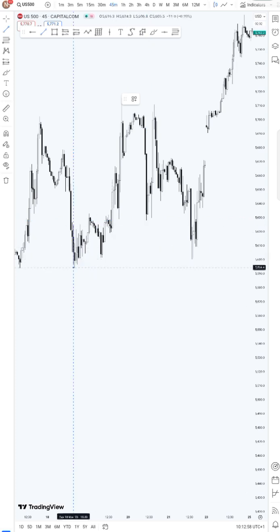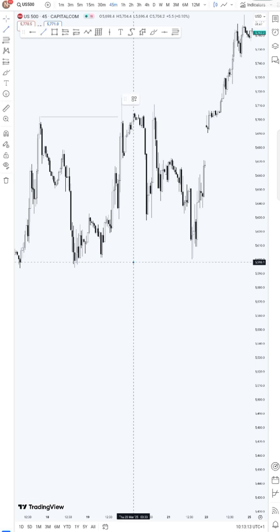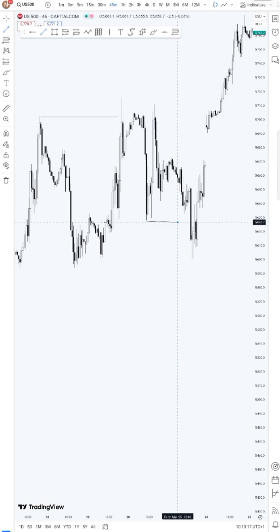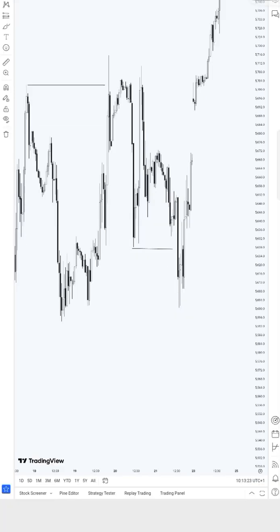So after price broke a structure at this point, we created one coming back. We created liquidity here. So you can call this your type 4 structure. And as well, we had liquidity here too.